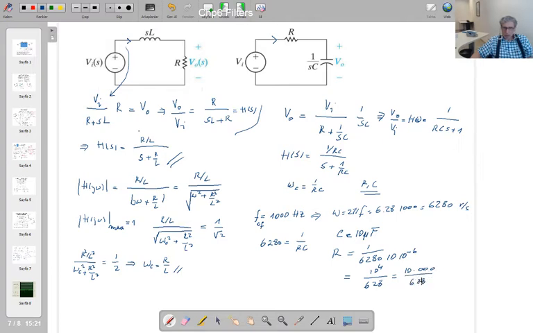Roughly you can say that it is in the range of 20. So that means if I drop this to 1 microfarad, it is going to be very close to 2 kilo. So you can calculate it from here.